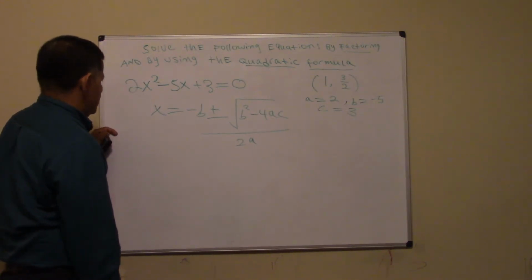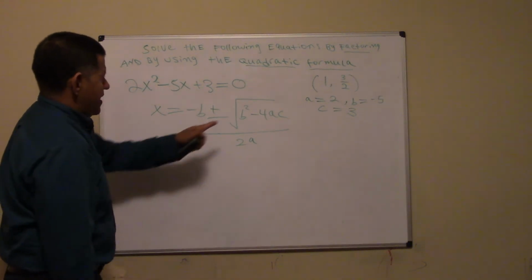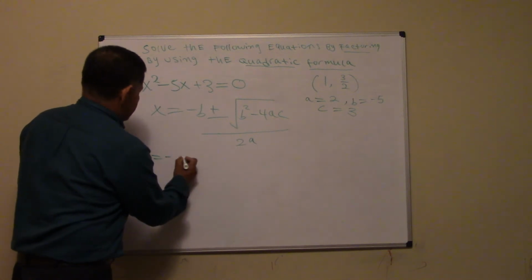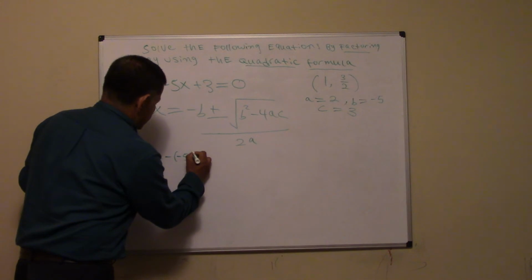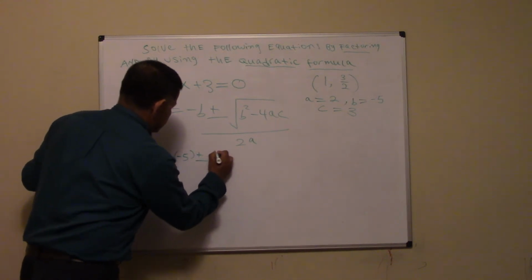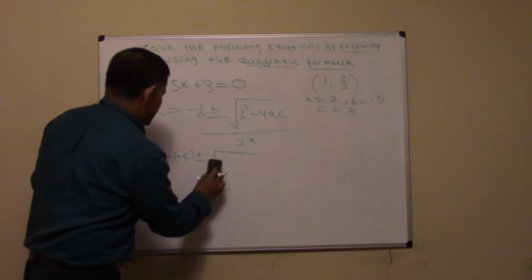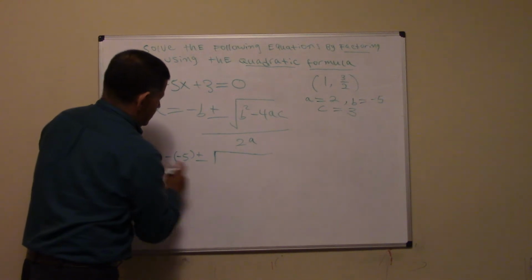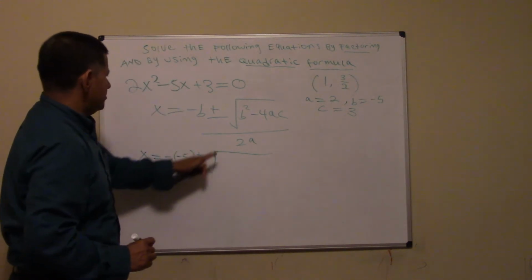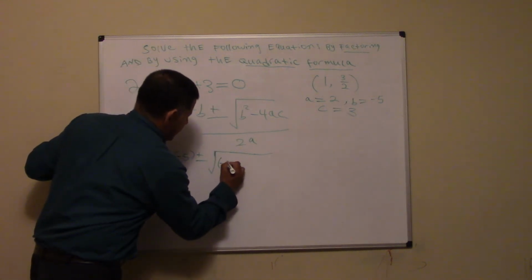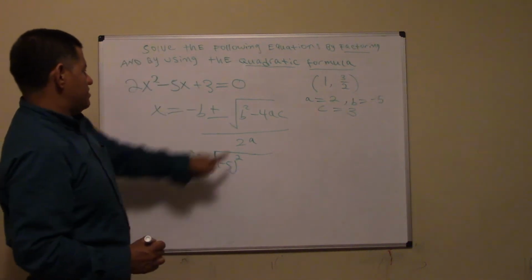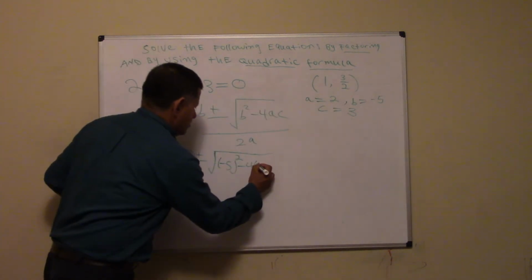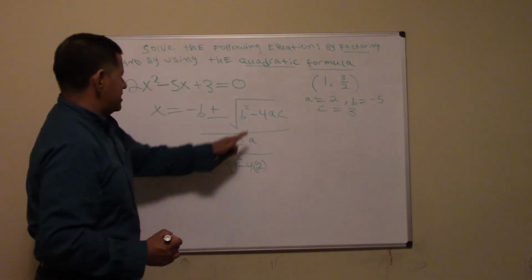Let's plug in the numbers. x is equal to, b is equal to negative 5, so I put negative 5, and then plus or minus the square root of negative 5 squared, because b is squared, and then 4 times a, which is 2, and c is equal to 3.